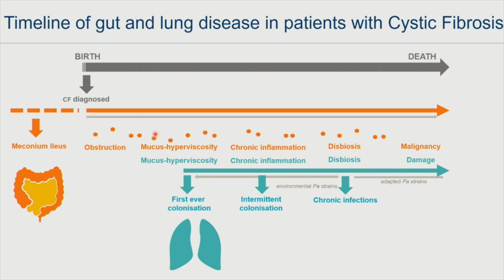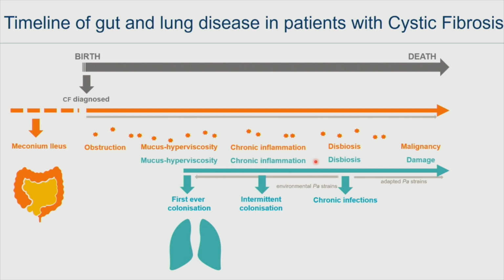At the same time, cystic fibrosis patients experience infection and inflammation in the airways that can progress with chronic damage and airway remodeling. It's worth noting that in this condition, there are several features overlapping gut and lung, including mucus hyperviscosity, chronic inflammation, and dysbiosis.